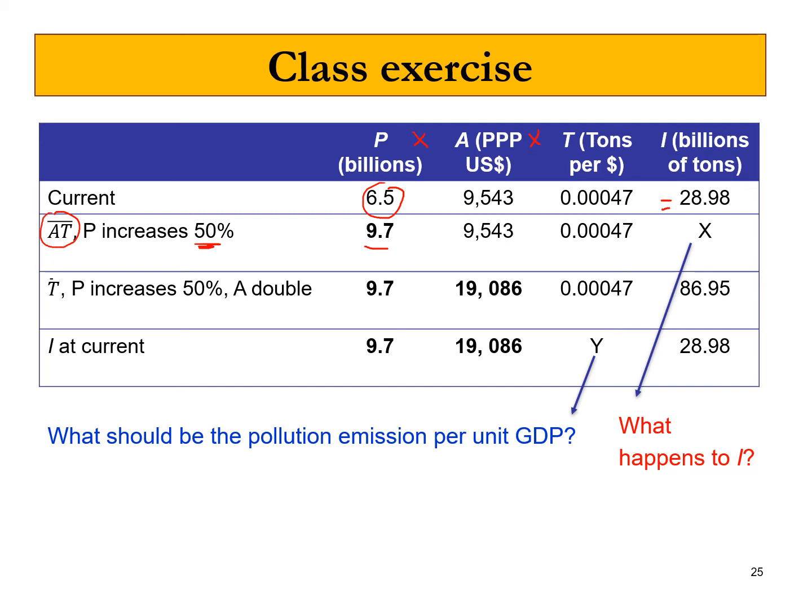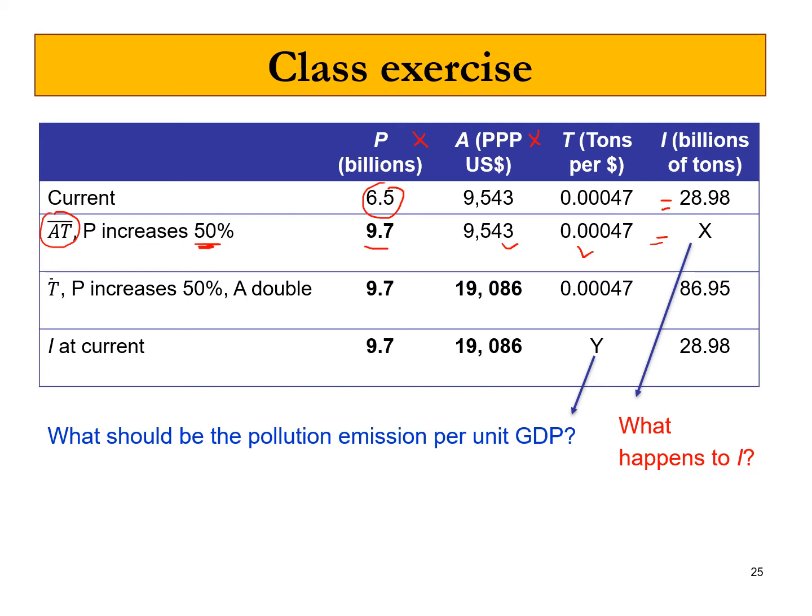Our affluence and technology are constant. So what is the value of I? You just have to multiply 9.7 with 9,000 plus and 0.00 something, and you should get the value of X. You can compute it at home because it is not that hard.